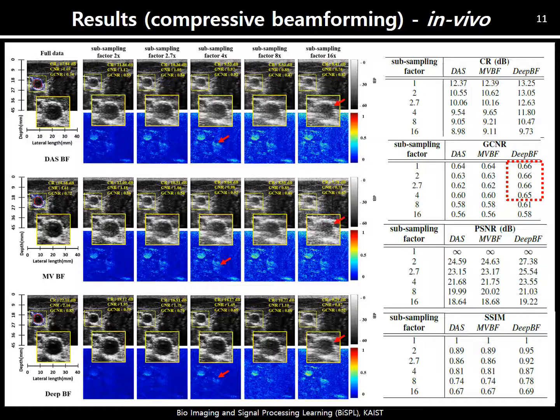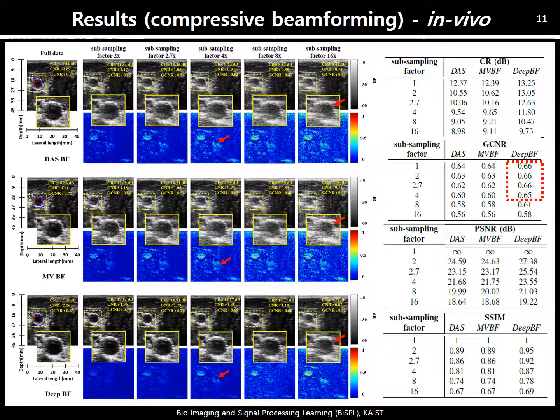It is noteworthy to point out that just a single CNN-based model is used for all subsampling rates. So we didn't train separate models for separate sampling factors. We just use one model for all subsampling factors.